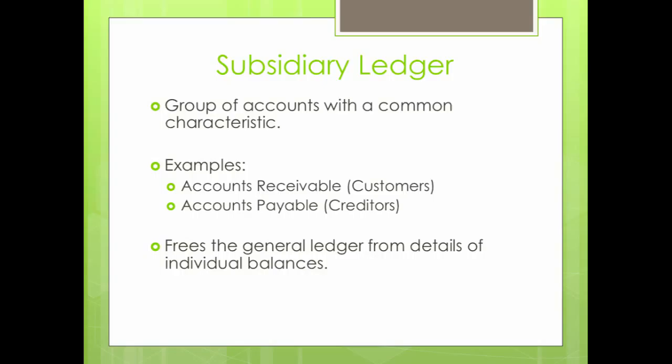So if you keep a general ledger to post these transactions for all the different companies that are ordering from you, it's going to be extremely difficult and time consuming if at one point in time you want to know how much company X owes you, or how much company Y owes you, or how much company Z owes you.